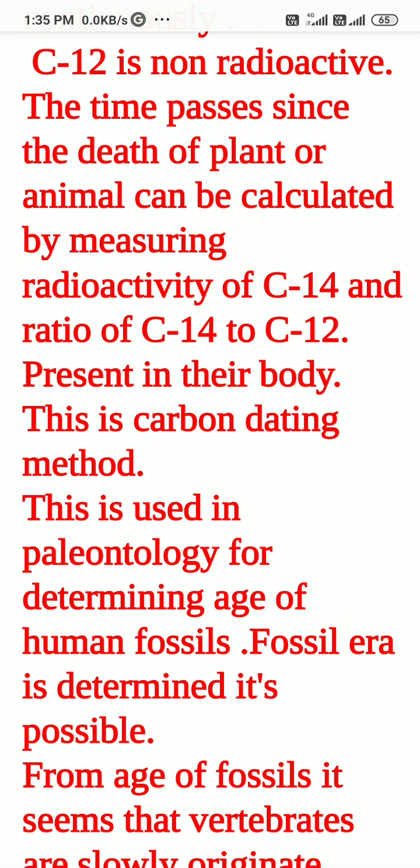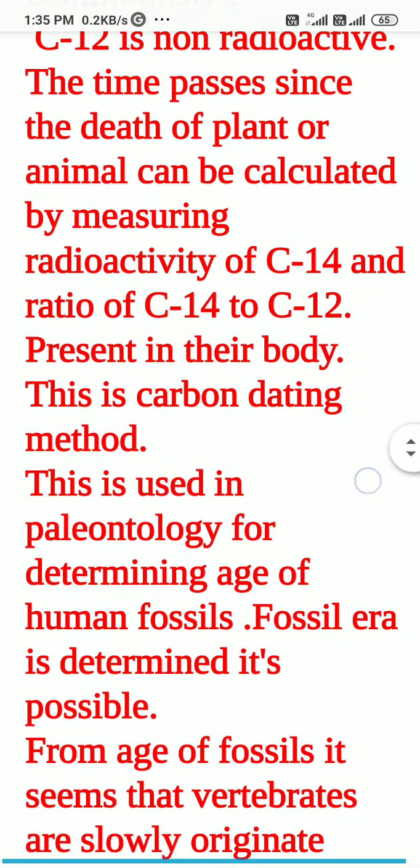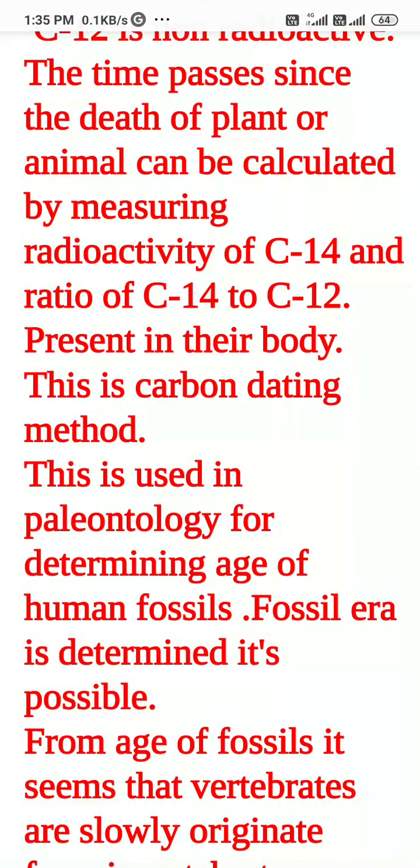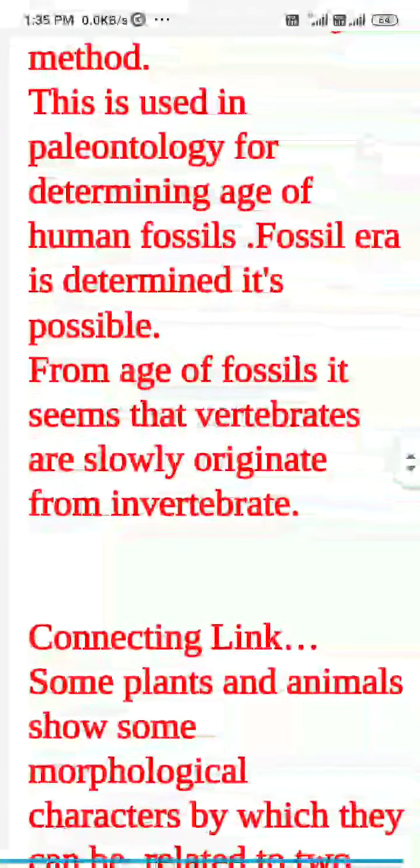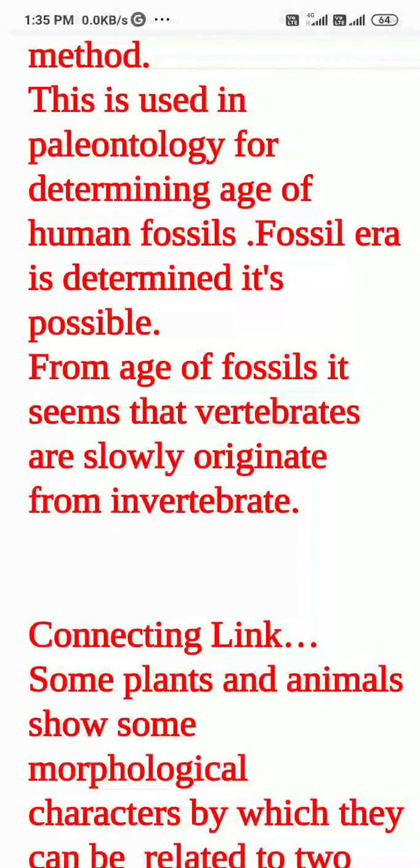From the half-life of carbon-14, scientists can calculate the age of that fossil. Carbon dating is used in paleontology for determining the age of human fossils and the study of fossils. Fossil eras are determined due to this carbon dating.